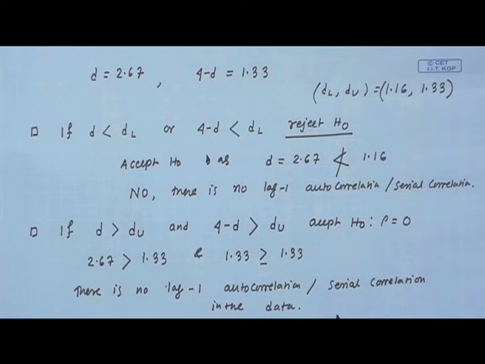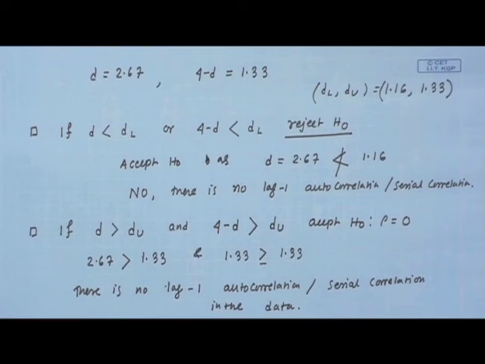Okay, so here we have used the Durbin-Watson test to test whether there exists serial autocorrelation, lag 1 autocorrelation or not. So intuitively, when the d value, that is the Durbin-Watson test statistic, is small, that means there exists autocorrelation, right.